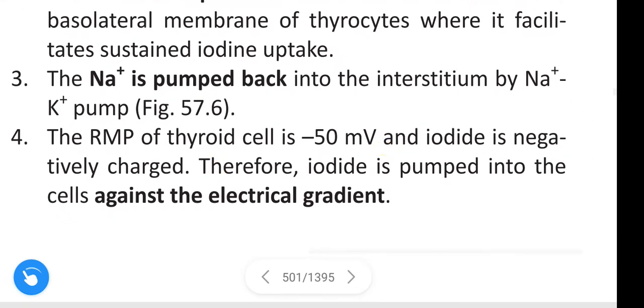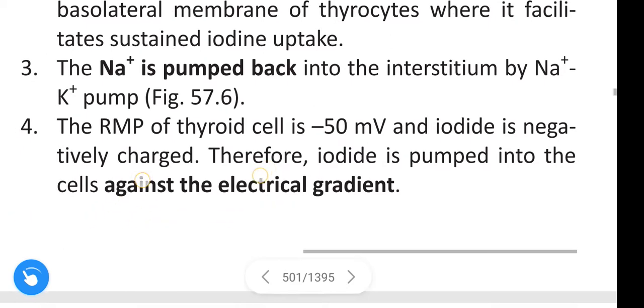Next, the resting membrane potential of the thyroid cell is -50 millivolts and iodide is negatively charged. Therefore, iodide is pumped into the cells against the electrical gradient.